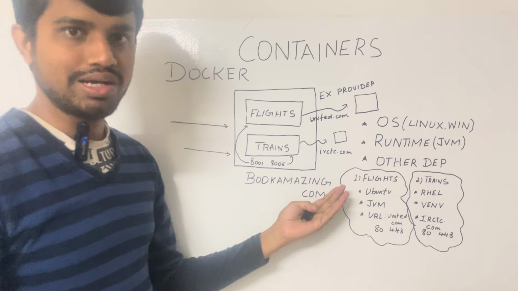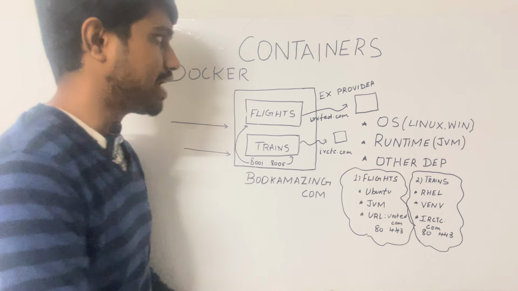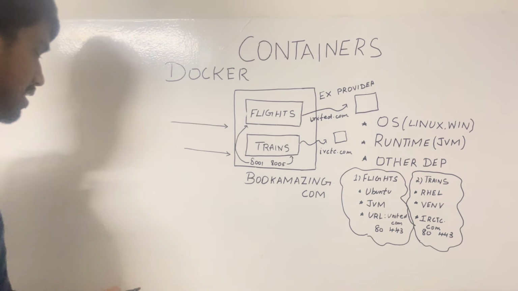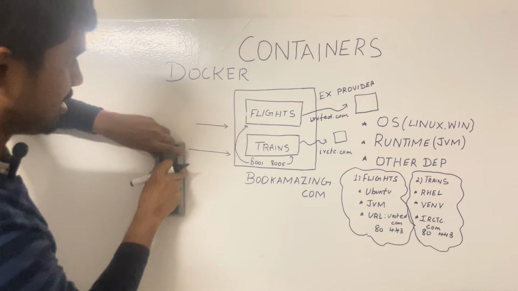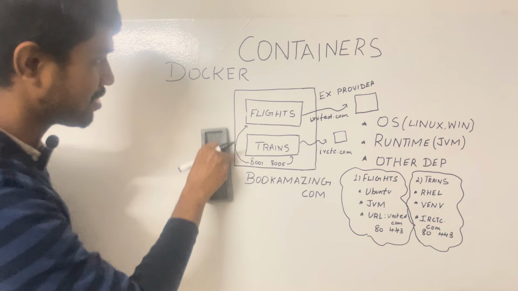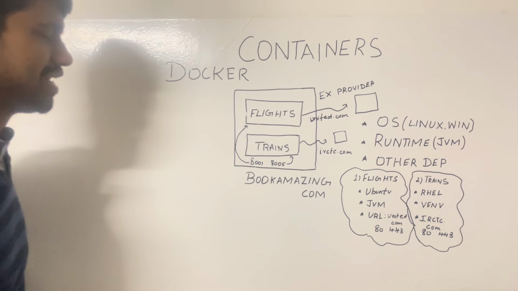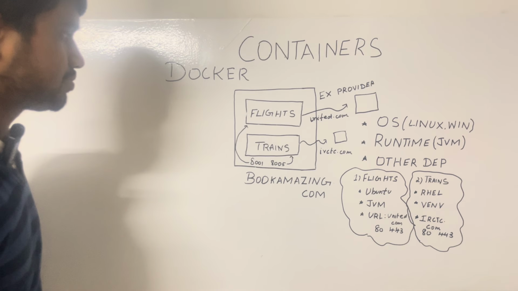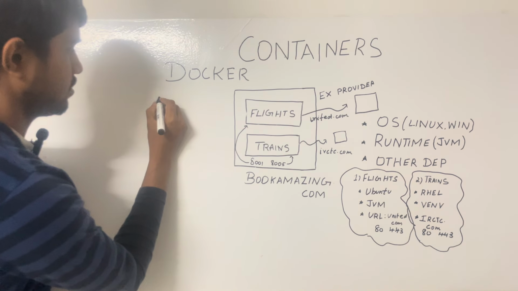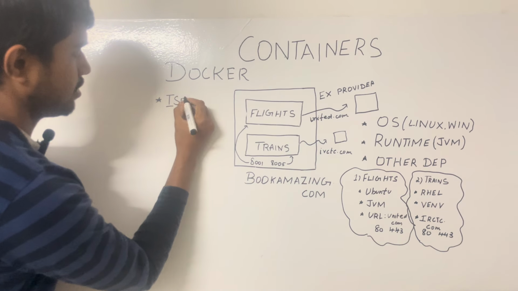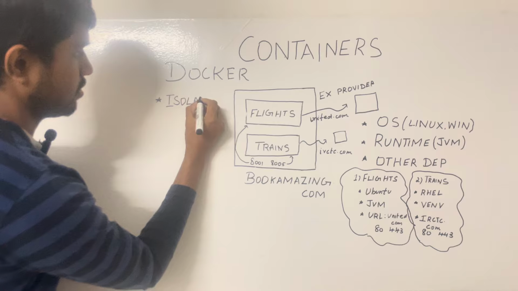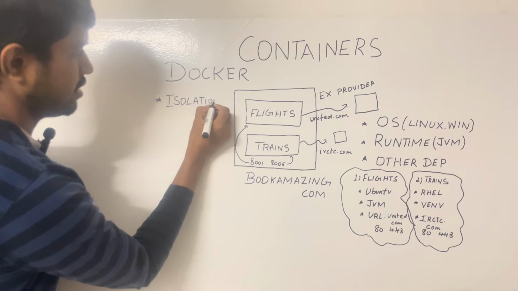So what are the advantages? The first I show is isolation, right? I will remove these arrows. Let's assume your business is amazing and you have a lot of requests coming in, right? Isolation. This is explained.